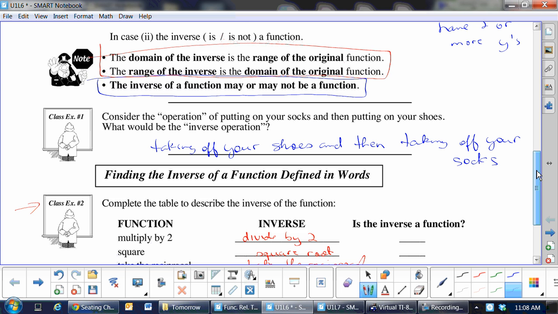Okay? So taking off your shoes would be like the operation. Not only do we want to do the opposite operation, we want to do it in the opposite order. Okay? So it is the opposite order and opposite operation.